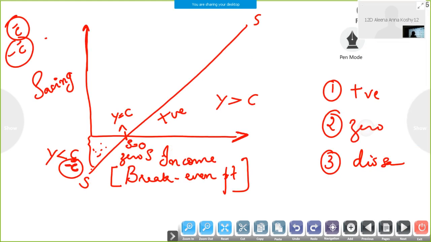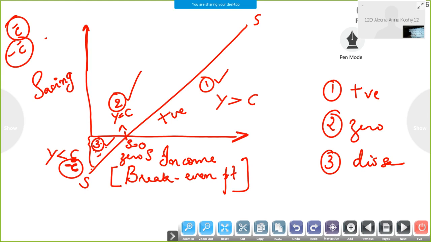Then graphical representation of the saving curve. Here also we are getting three situations: positive saving, zero saving, and negative saving. Negative saving or dissaving.